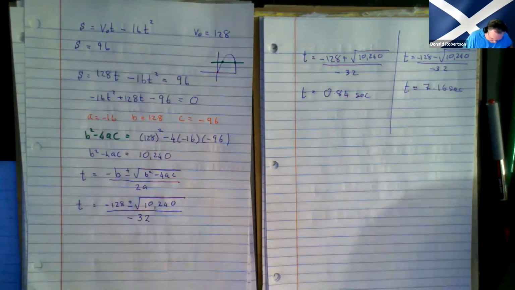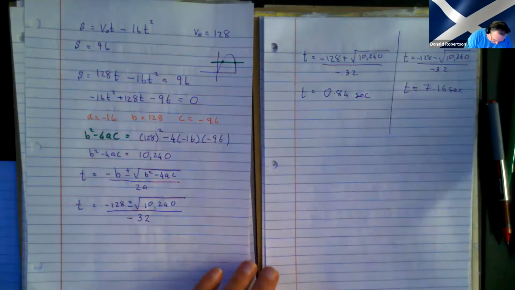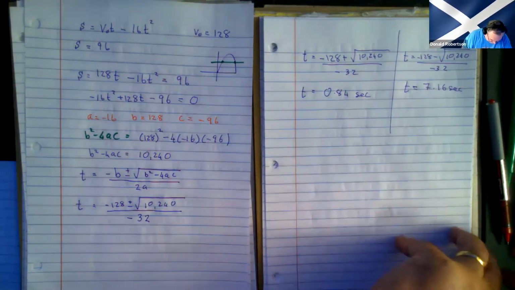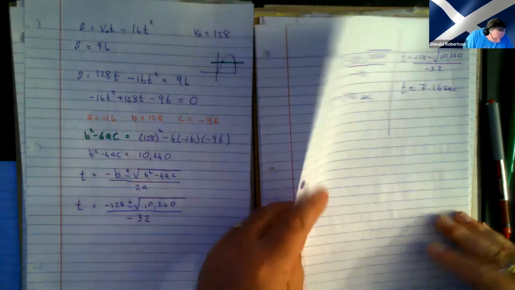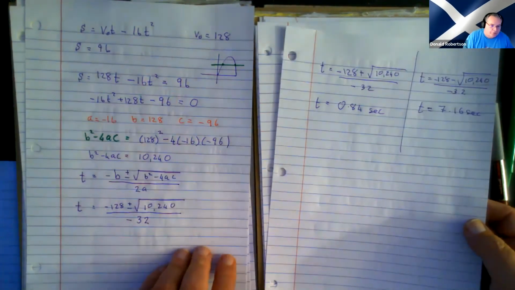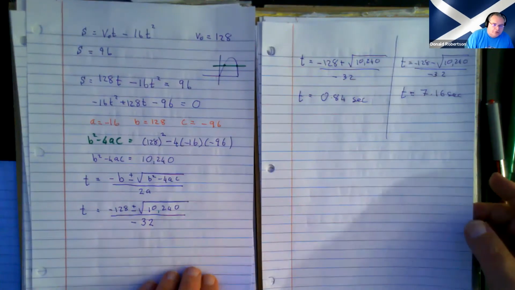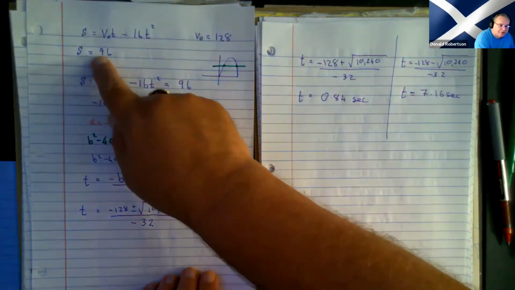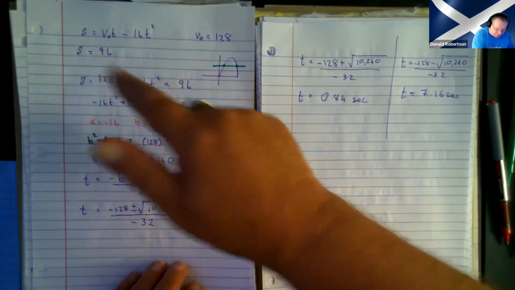So that particular group of application questions, I think, would fall into the category of, we know the position of an object, we have a formula for it, it's a quadratic formula, and we're either trying to solve when is it equal to 0 or 96 or some given value.